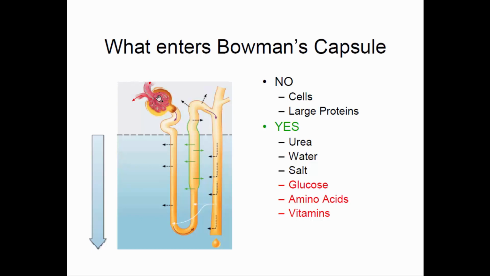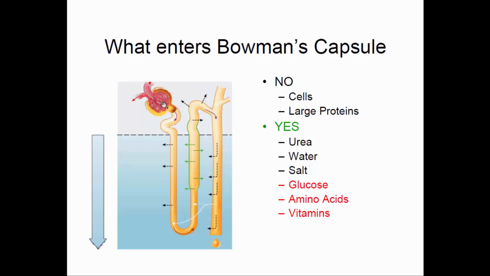When we talk about cells, we're talking mainly about red blood cells, and white blood cells too, but especially red blood cells. And again, those should not cross over. If they do, then you're going to have the presence of blood in the urine, which means there's some type of kidney damage going on.